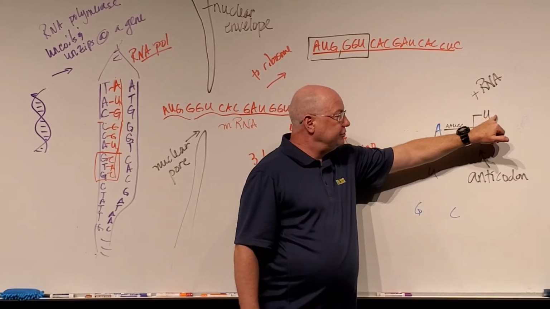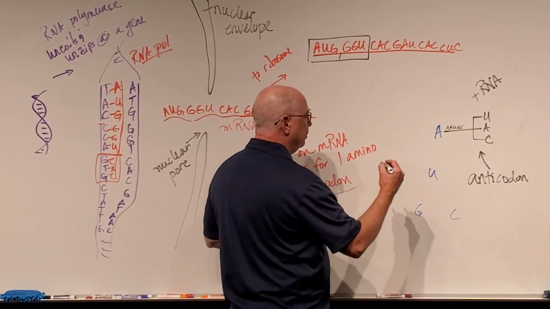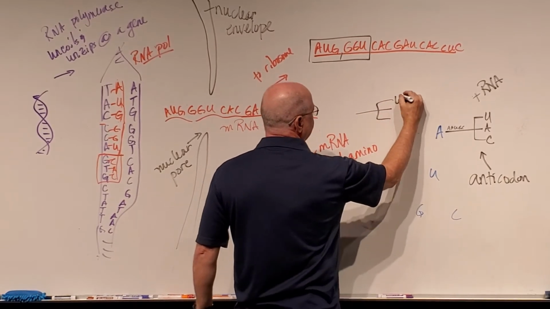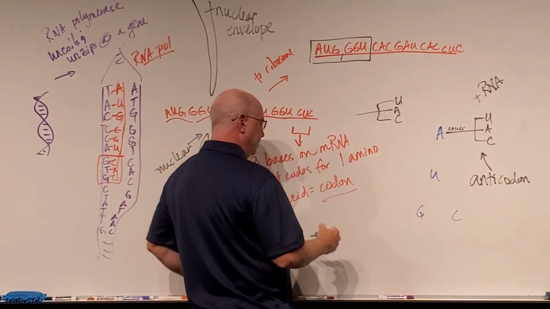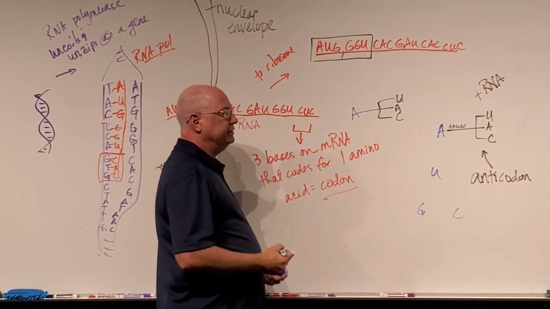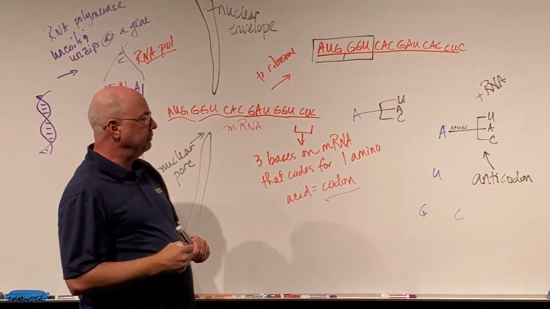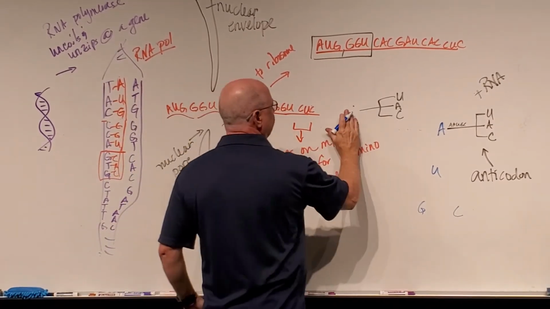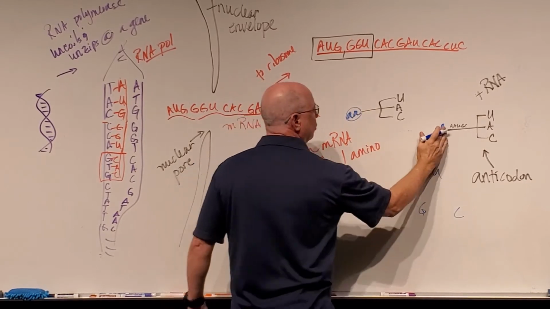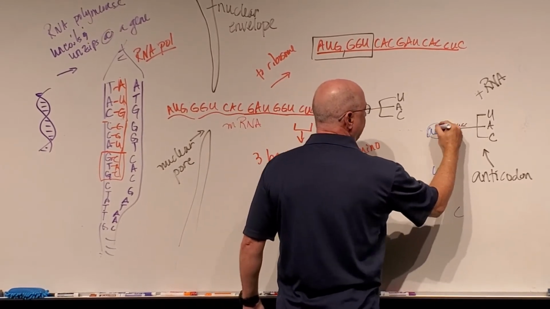If I had another tRNA floating around that has UAC as its anticodon, it's always going to be carrying that particular amino acid. I'm not going to put an A there. Let me put AA for amino acid.